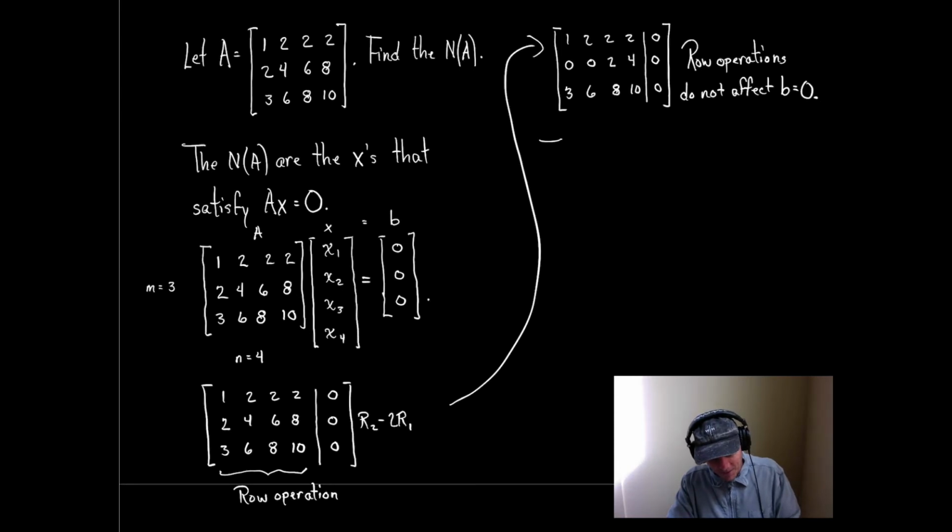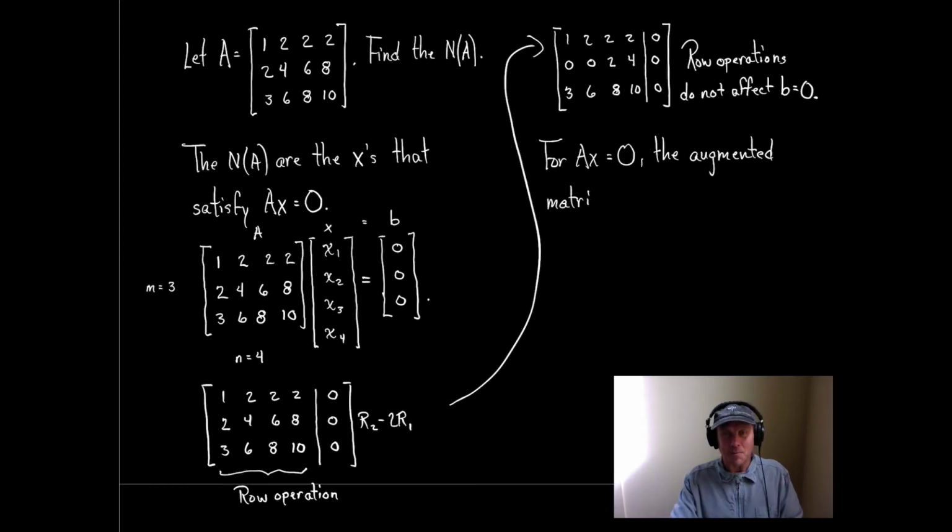so for AX equals 0, the augmented matrix is A. We don't even write the variables, because nothing changed with our variables, nothing changes with the 0 vector.